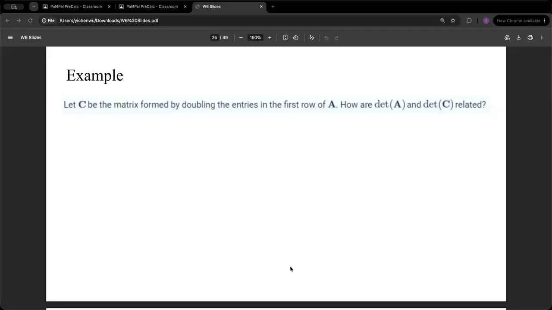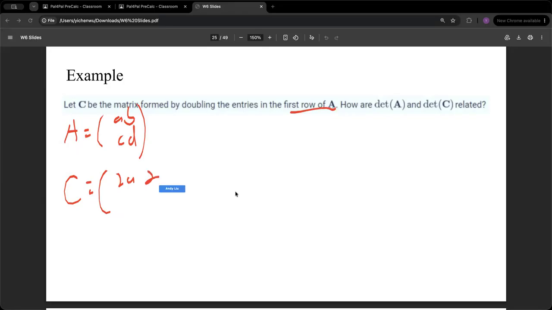Okay, for this problem, I think the best way to do it is we can just write it out again. For example, let the matrix A be equal to A, B, C, D. Then matrix C will be doubling the entries in the first row of A, so that would be 2A, 2B.